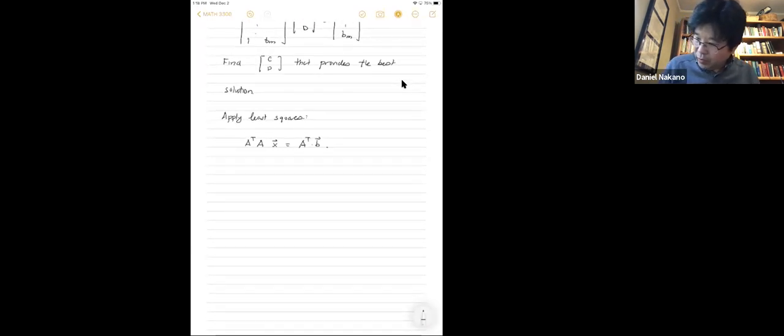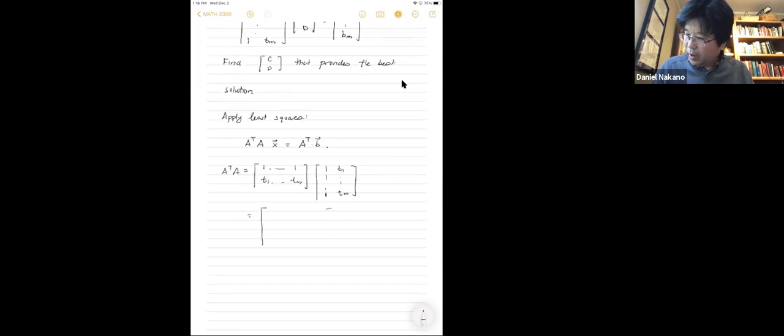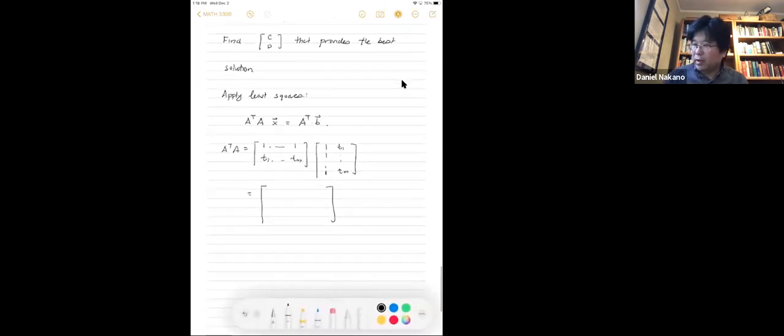First let's compute A transpose A. That's 1, 1, T1 up to Tm, and then I have the ones down here, T1 up to Tm. So I just get a 2 by 2 matrix. The first thing is the dot product of the vector of ones with another vector of ones.